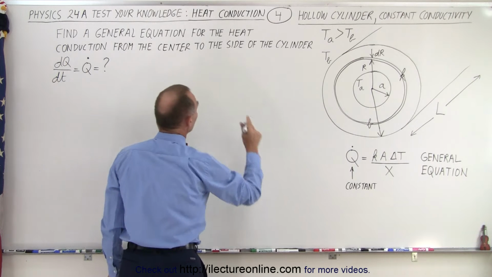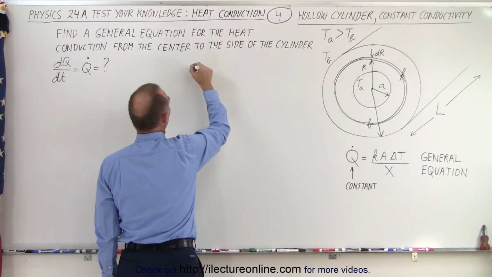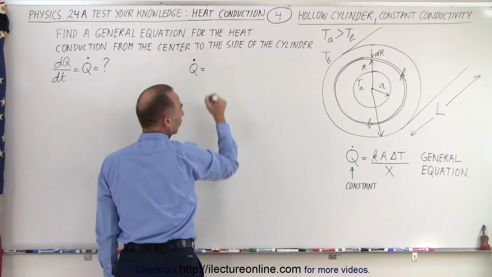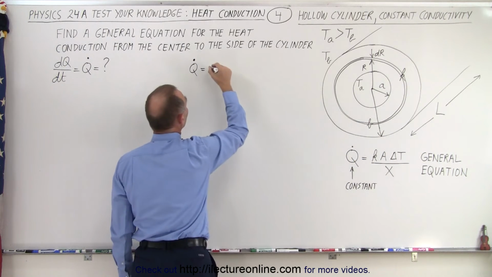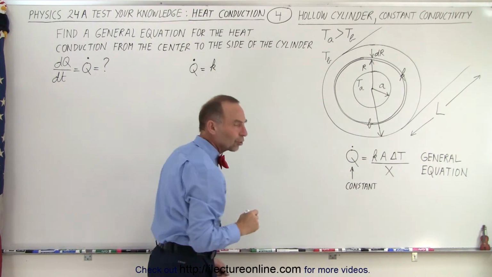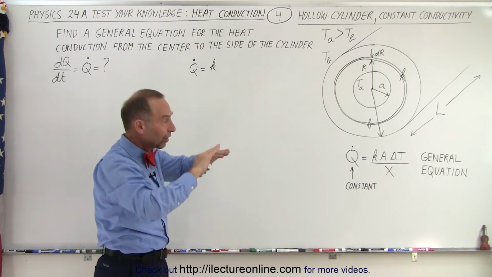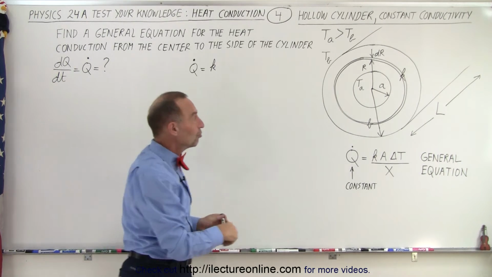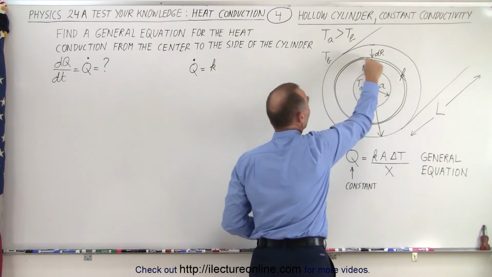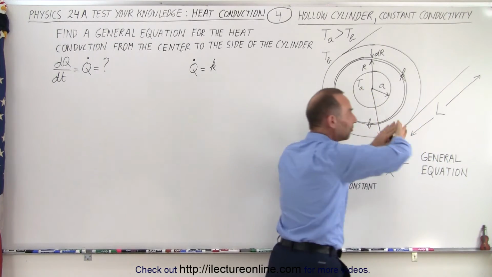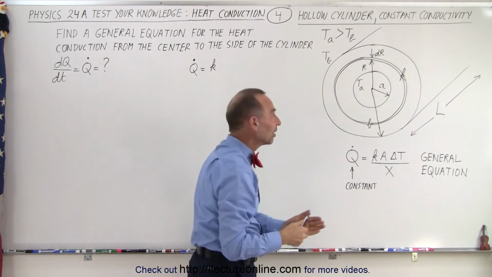So now when we write the equation, we can say that Q dot is equal to the constant k times the cross-sectional area. Now that's the cross-sectional area of the cylindrical shell, which means if we take the circumference and multiply it times the length, that gives us the surface area of that cylindrical shell.